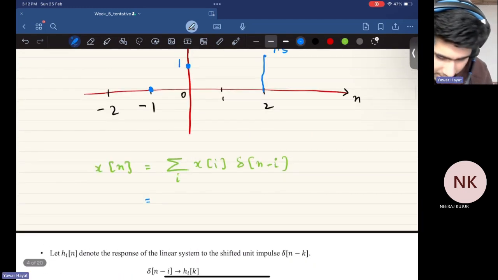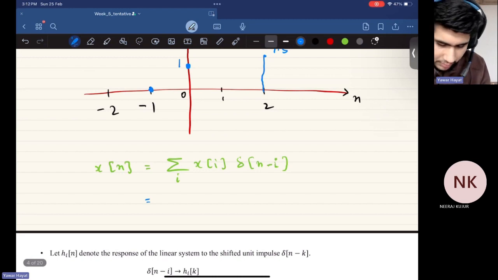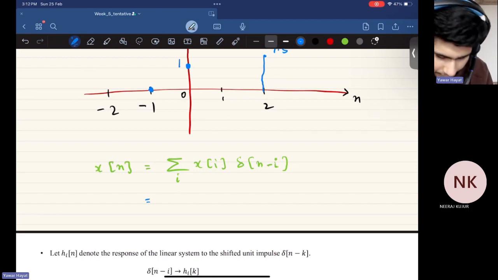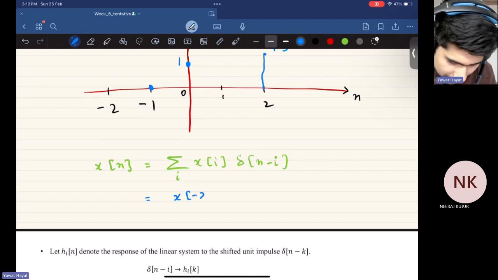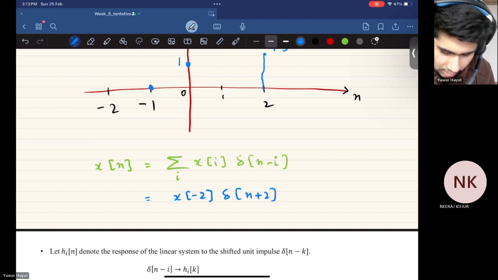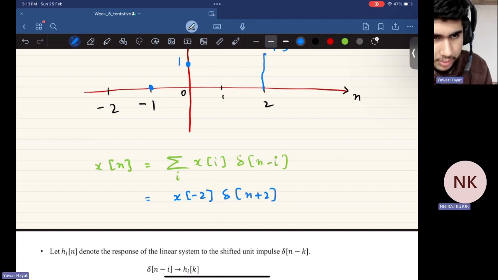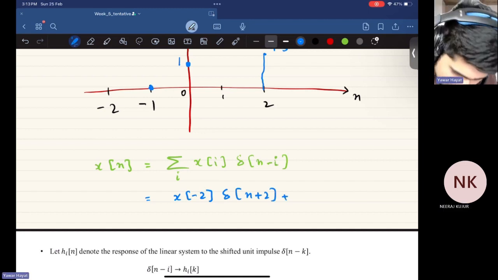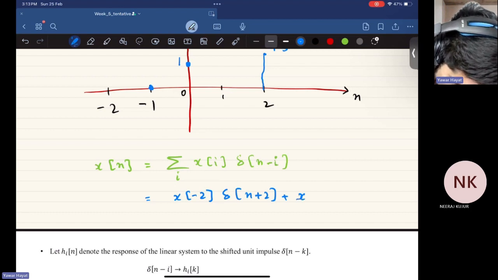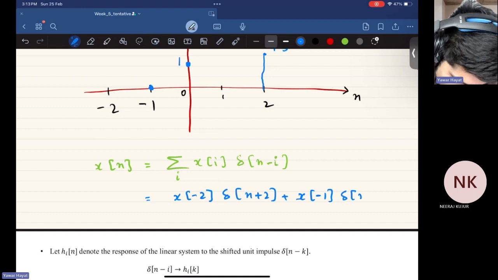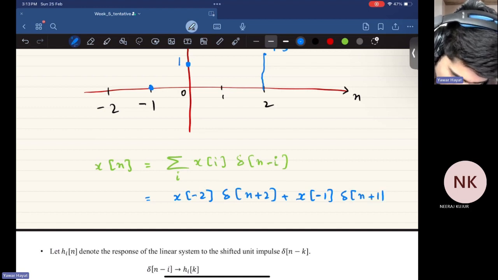I'll start from minus 2 all the way till 2. So when i equals minus 2, this would be x of minus 2 times delta of n plus 2, right? Likewise, I'll similarly fill this up, and then we'll discuss x of minus 1 times delta of n plus 1.